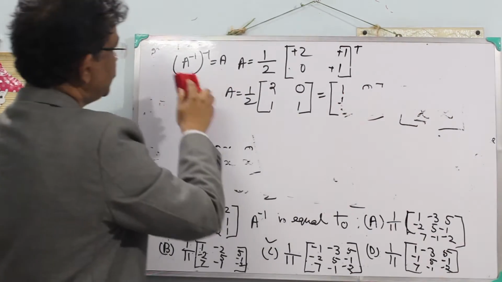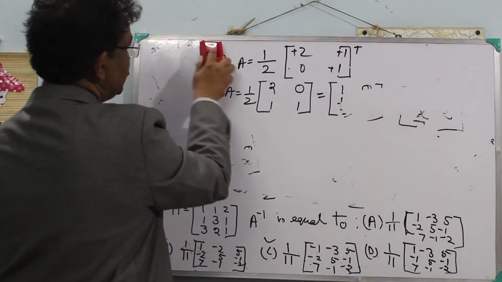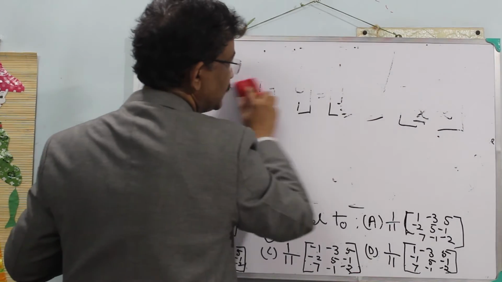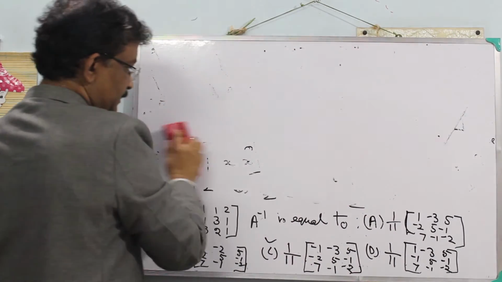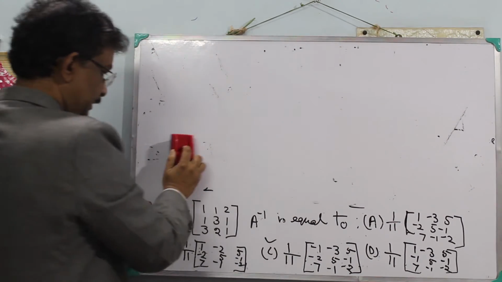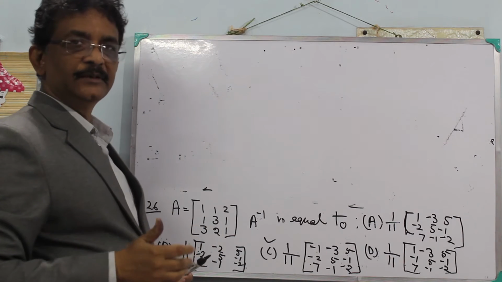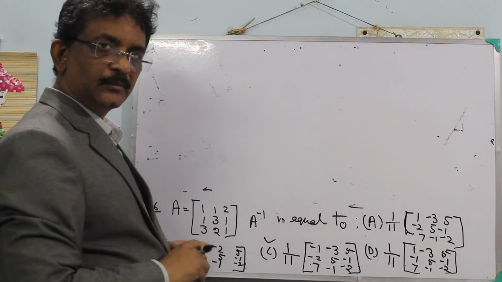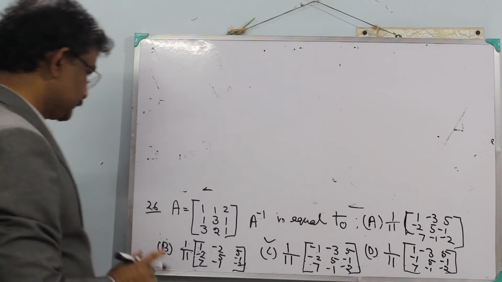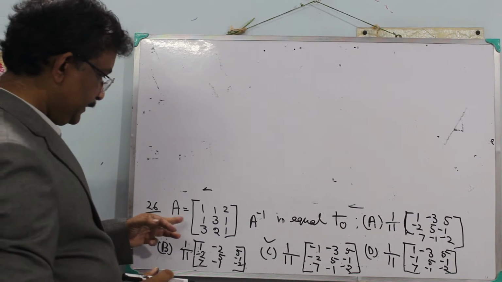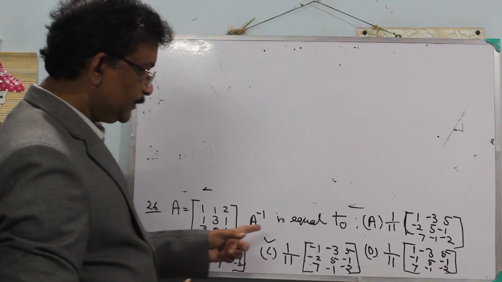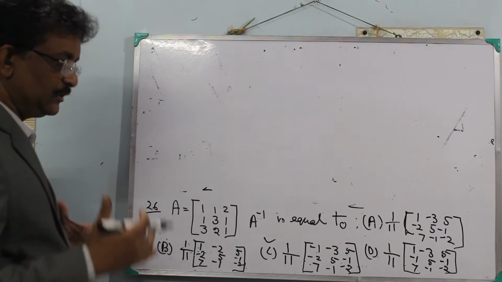Next, you remember the transpose of the inverse of the inverse. The inverse of the inverse is the matrix itself. If A inverse is given, then taking the inverse of A inverse converts it to A. So question 26, A is this. A inverse, we have to calculate the inverse.